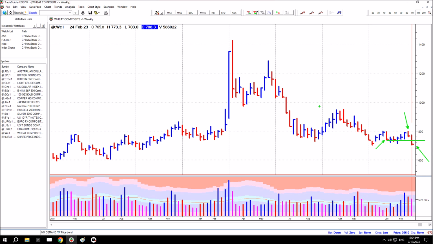This was the sellers absorbing the demand from the buyers. So the demand that was coming in, like on this bar here, the sellers were absorbing the demand. They were just selling into it, absorbing their demand, keeping the spread narrow, and then we get a response lower.